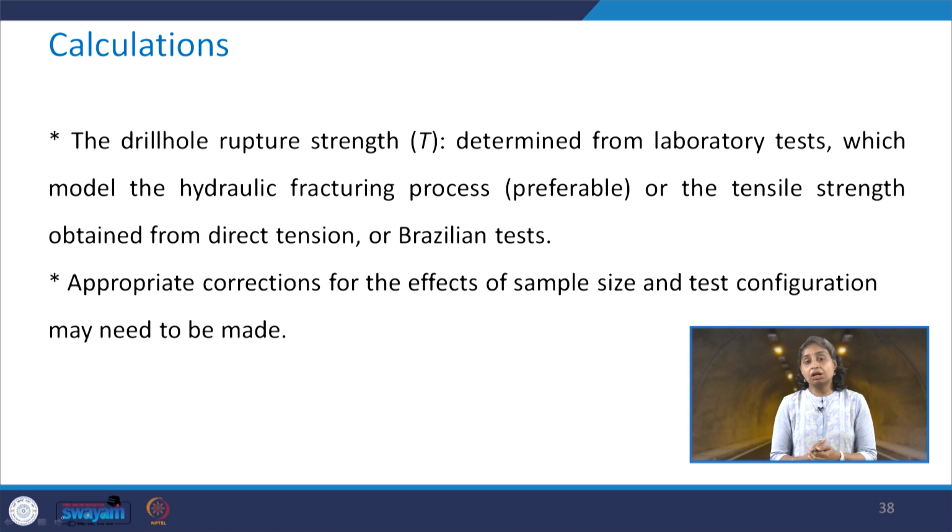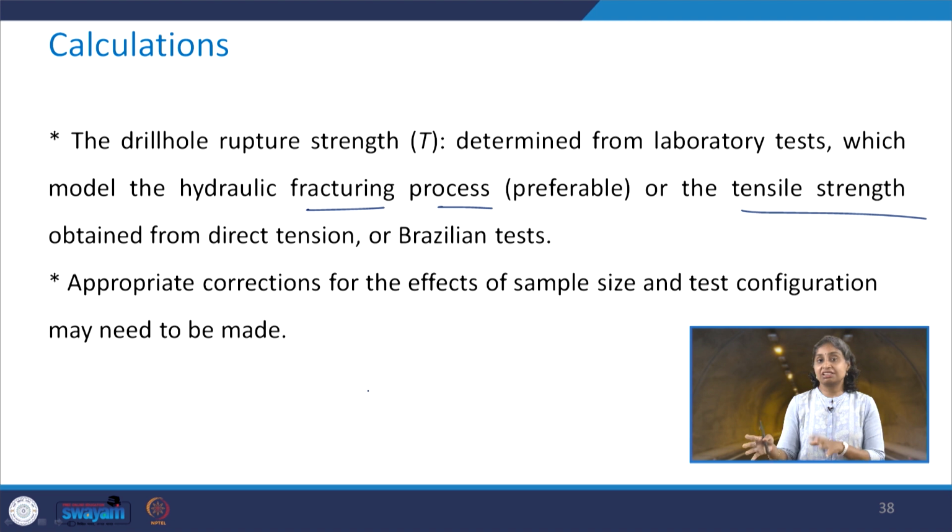Coming to the drill hole rupture strength T, this can be determined from the laboratory tests which model the hydraulic fracturing process preferably, or the tensile strength tests which can be carried out in the direct mode or the indirect mode.